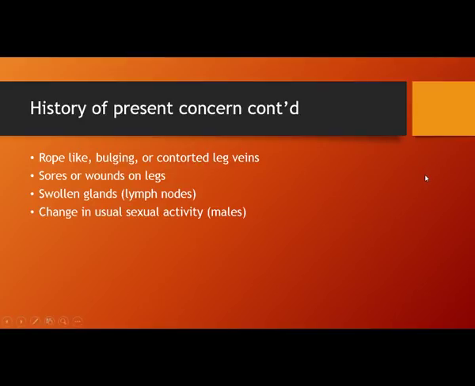So you may have trouble getting an erection or maintaining an erection, and that can be one of the first manifestations for sure of diabetes, or of vascular insufficiency for some other reason too.